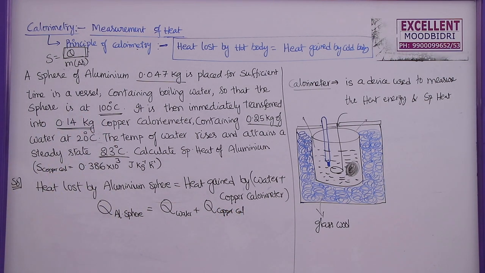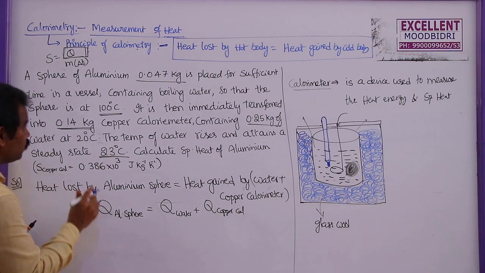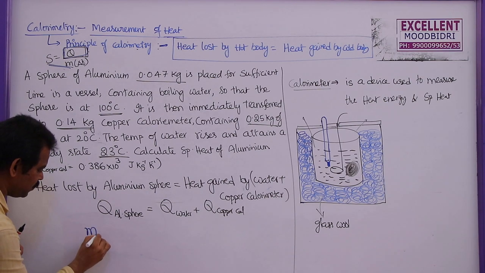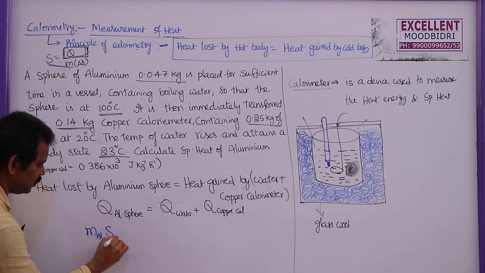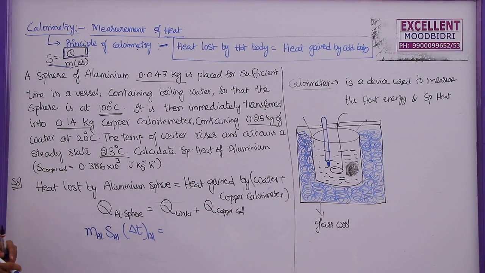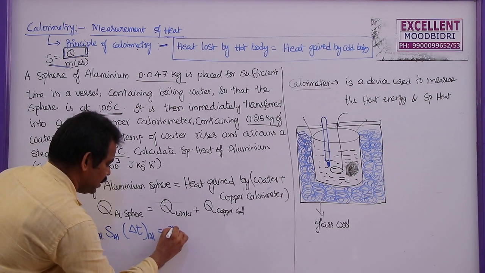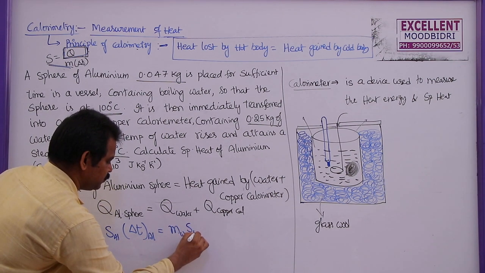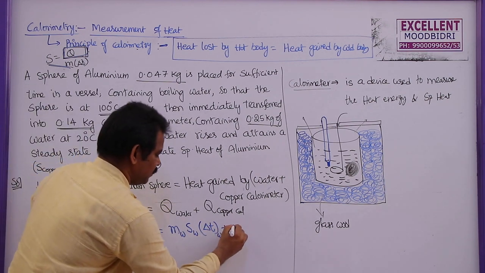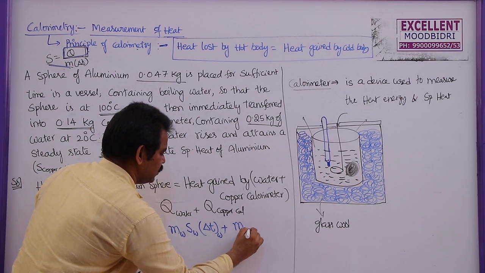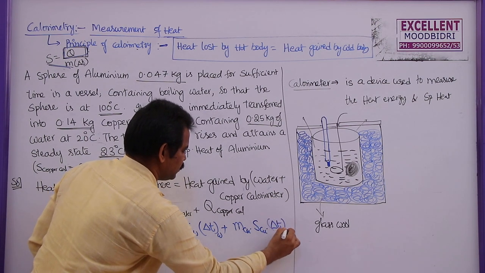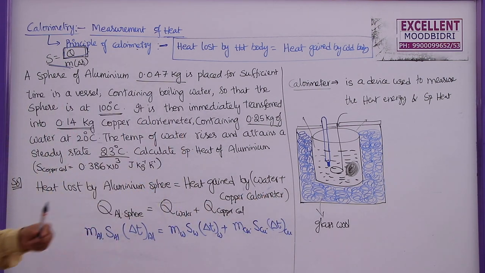So this is the equation. Now let me substitute these values. Q is equal to m s delta theta, that is mass of aluminium, specific heat of aluminium, change in temperature for aluminium is equal to, for water I can write mass of water, specific heat of water, change in temperature of water, mass of copper, specific heat of copper, change in temperature of copper. So this is the expression.